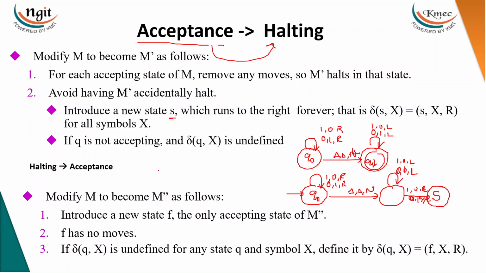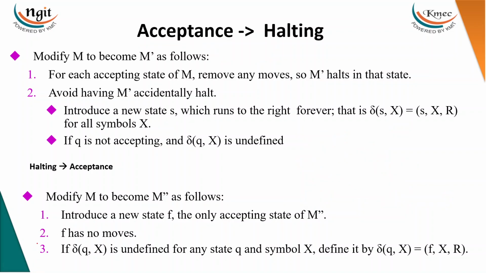Sir, what if there is a state which is not accepting? How can you say that? If you want to say that the strings are not accepted, just don't give any movement for it. Undefined. For example, let me convert the same thing: 0 1 R, 1 0 R, then earlier we had delta delta N, which was the final state earlier.